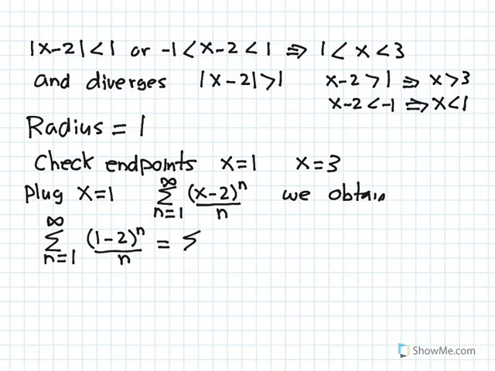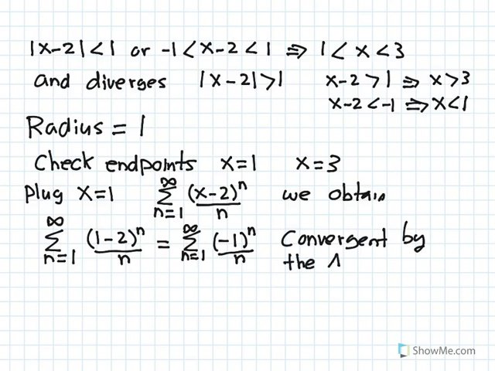Simplifying, 1 minus 2 is negative 1, so we get (negative 1) to the power of n divided by n. This is convergent by the alternating series test, which we will abbreviate as the AST.